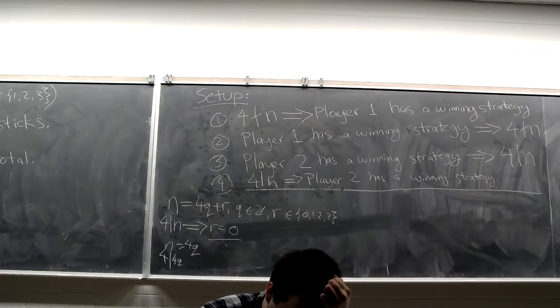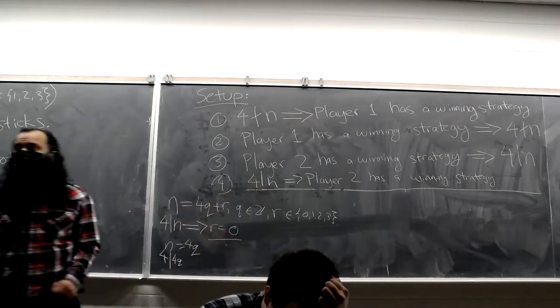For number 4, after player 1 takes their turn when there are 4q sticks, you have 4q minus r sticks. Would you say that 4q minus r is less than k? 4q minus r probably will be less than k, right? Because you're assuming that it's true all the way up to k. And so when you're doing your induction, n equals k plus 1, right?